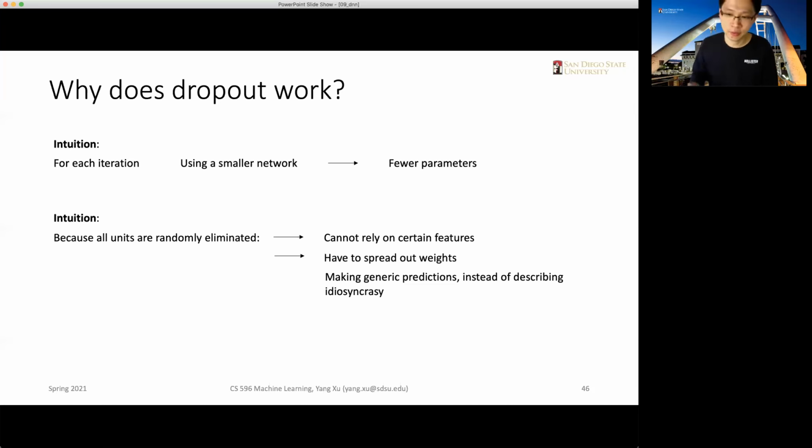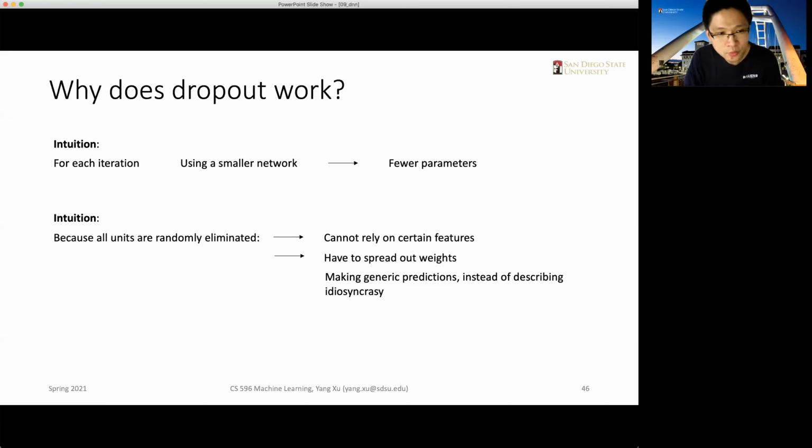If we set the dropout probability to be 20%, then we use 20% fewer parameters. And we know that using fewer parameters is helpful to alleviate overfitting, right?